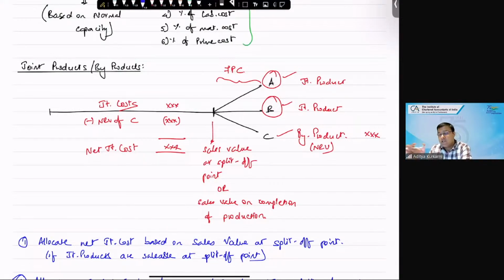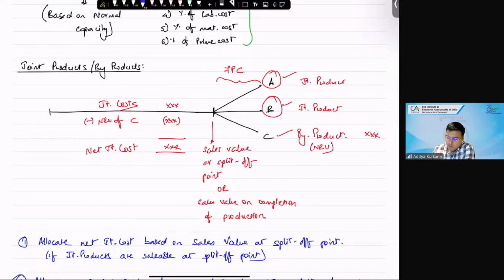Joint products, you actually intend to produce jointly. So the difference between a joint product and a byproduct is that you actually intend to manufacture joint products, but a byproduct comes out as an unintentional output.